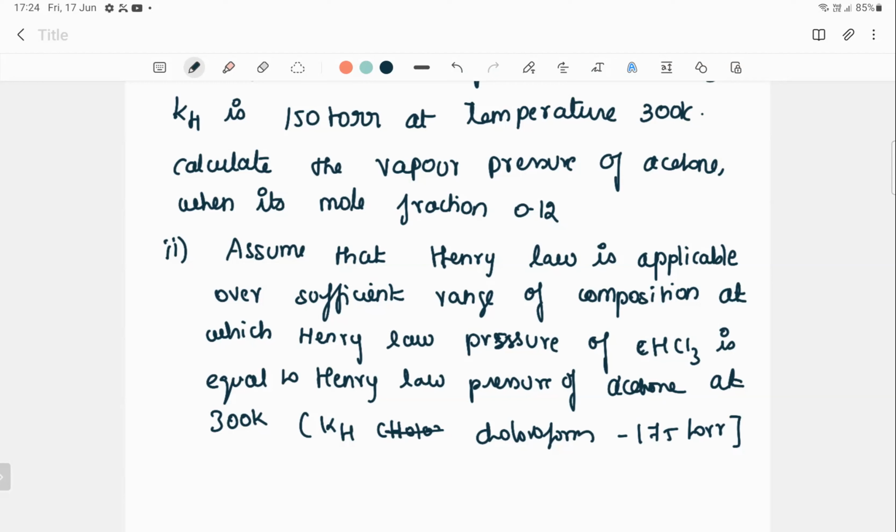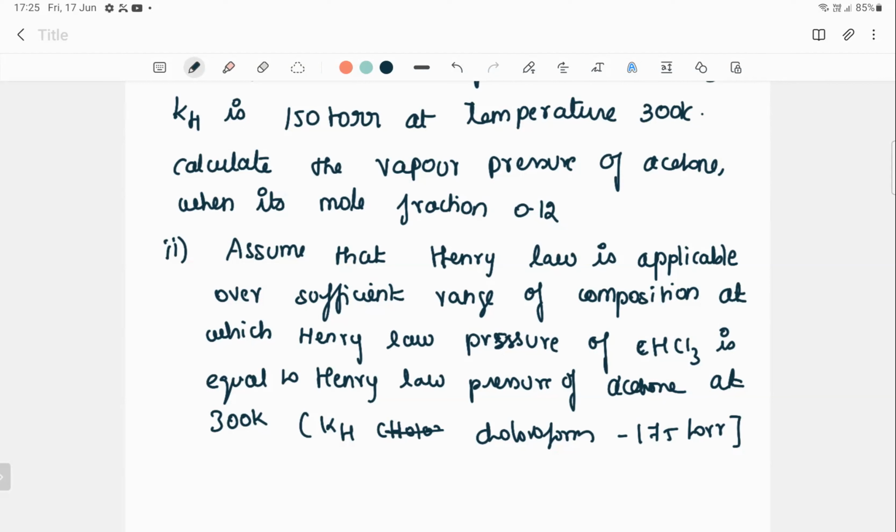Composition means you have to find the mole fraction. Why have they set this line? Assume that Henry law is applicable over a sufficient range of composition.